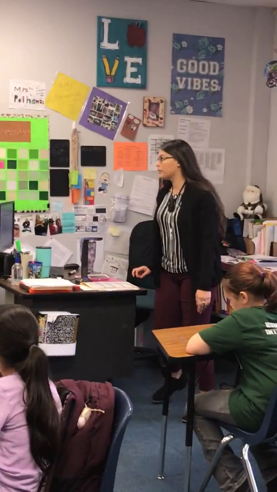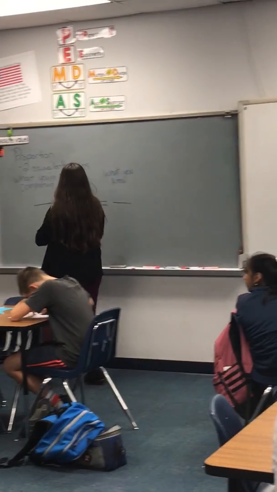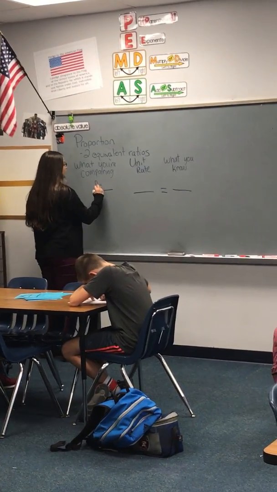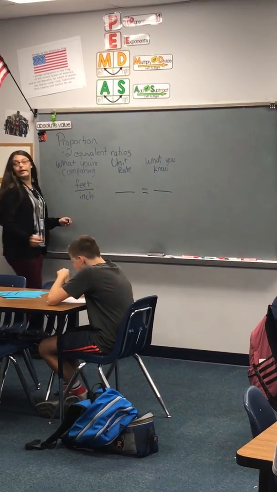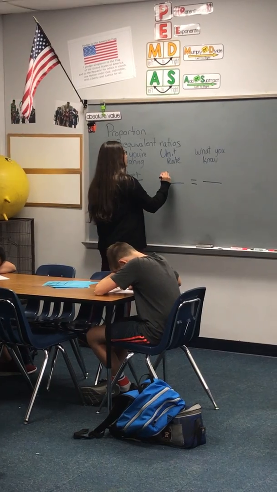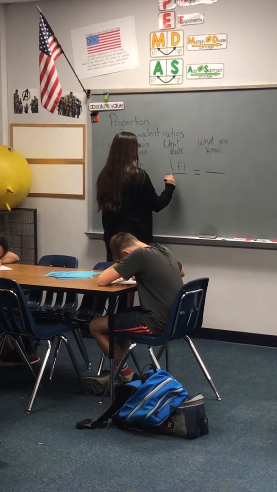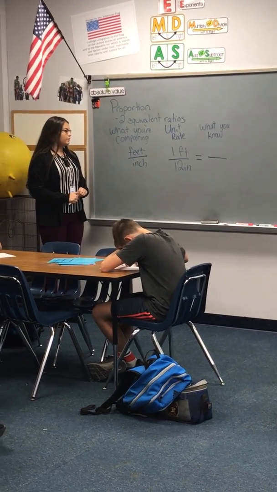So, we're going to come over to our setup that we have. What are we comparing? We're comparing feet to inches. That's correct. 1 foot is 12 inches. He got that from the formula chart.